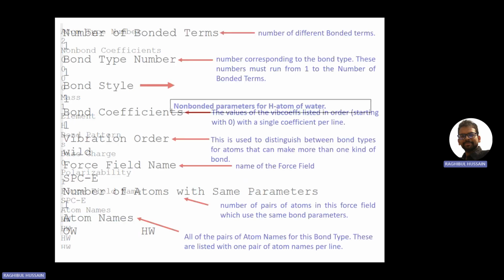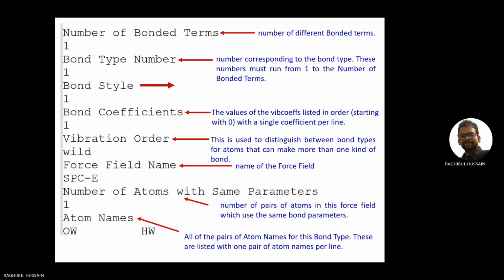Similarly, the second line will be what? Bonded. So bonded, the same thing. Number of bonded terms. How many terms? One, OH. How many bond type number? Only one. We will discuss bond style. So bond coefficients 1. Bond length is fixed, 1 angstrom. You just read and then tell me where is the doubt.